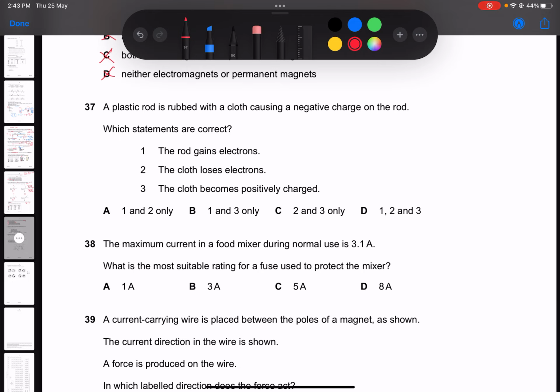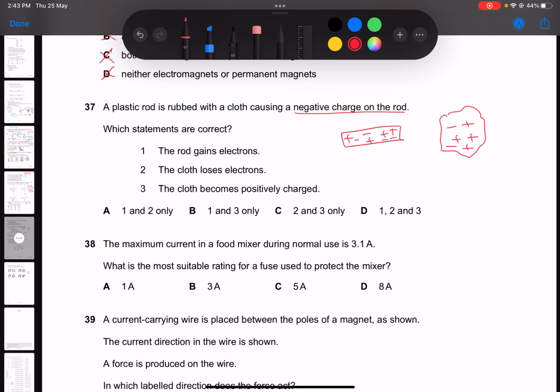Okay. A plastic rod is rubbed with a cloth, causing a negative charge on the rod. Which statement is correct? Very easy. We have a plastic rod and a piece of cloth here. When you rub them, it says the plastic rod gets a negative charge. What does negative charge on the rod mean? Let's draw minus and plus on both, so it's neutral and equal.